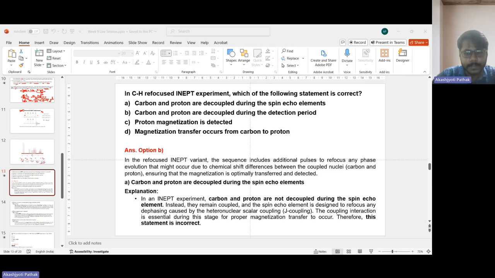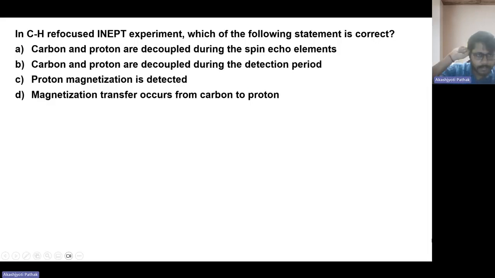I think we have tried solving the question, so we'll try to understand the correct option and the reason behind it. The options were: carbon and proton are decoupled during the spin echo elements; carbon and proton are decoupled during the detection period; proton magnetization is detected; and magnetization transfer occurs from carbon to proton.